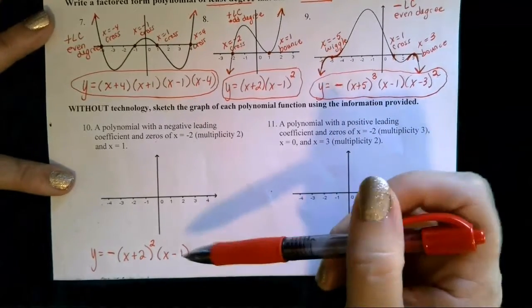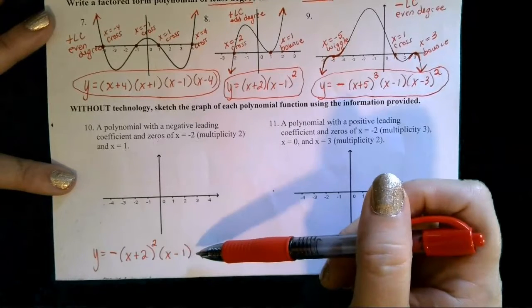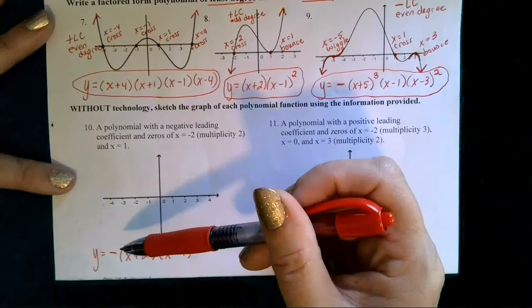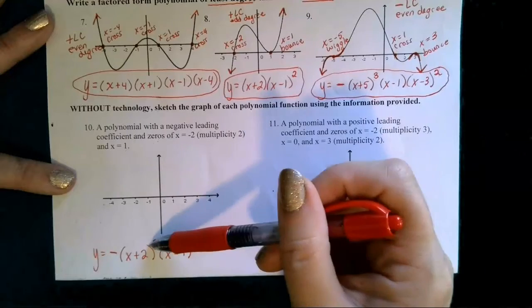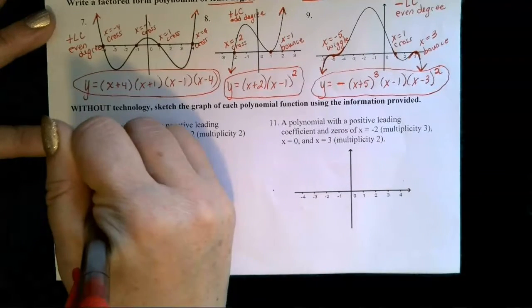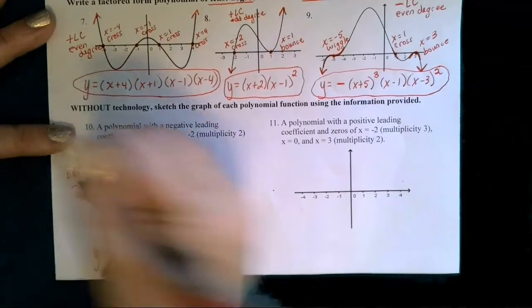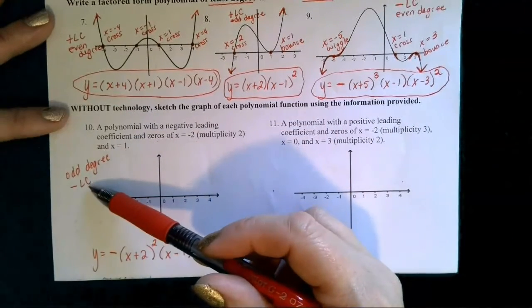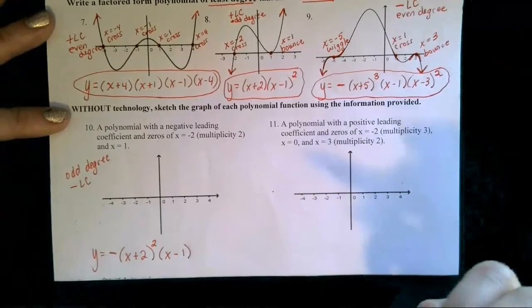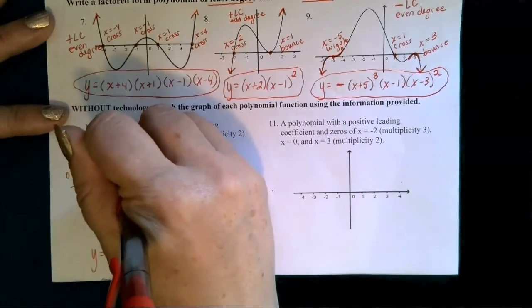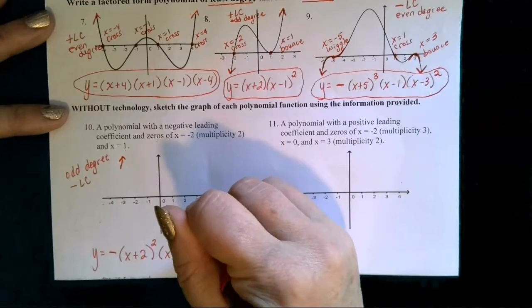So now when I go to sketch this polynomial, I can start by considering my end behavior. Since the degree here is 3, that's an odd degree and a negative leading coefficient. And we know the end behavior for odd degree with a negative leading coefficient is going to start up and end down, right?